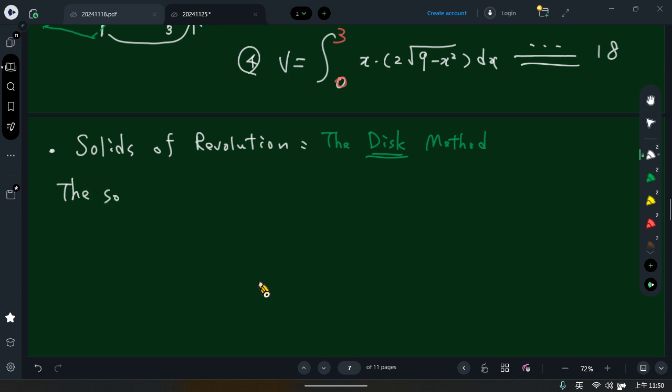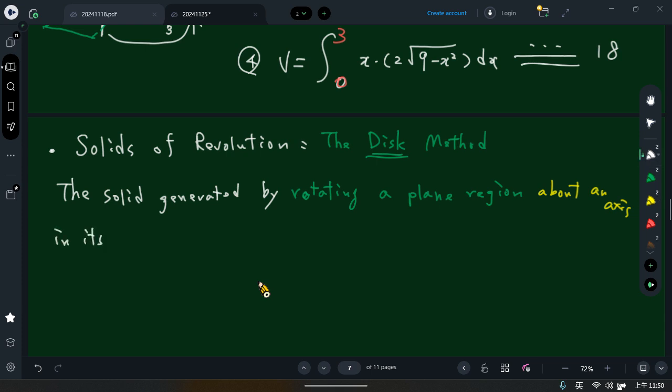A solid generated by rotating a plane region about an axis in its plane is called a solid of revolution.